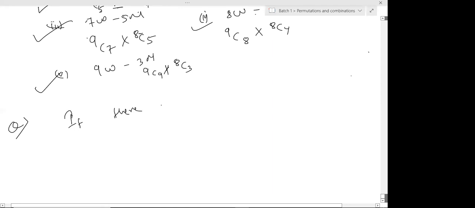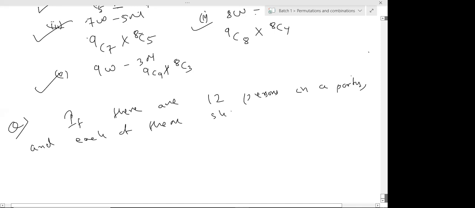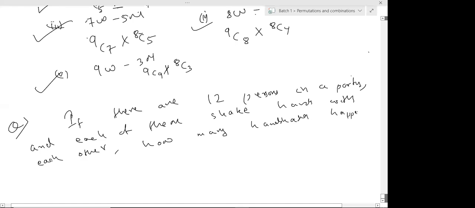All right. Next question. If there are 12 persons in a party and each of them shakes hands with each other, how many handshakes happen in the party?